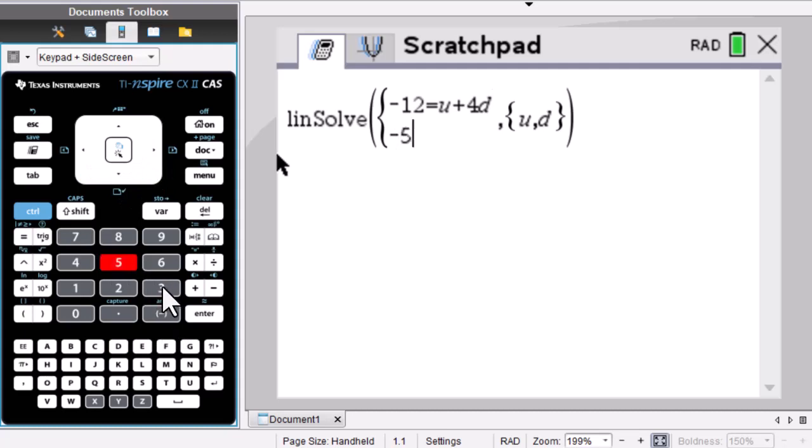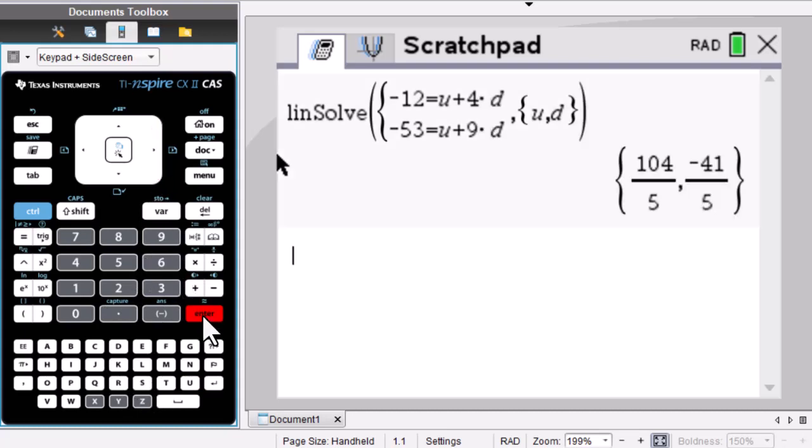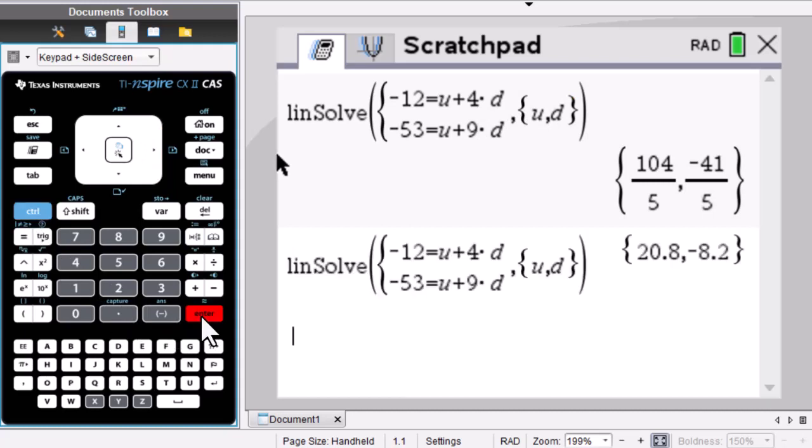Negative 53 equals u plus 9d. Then enter. Control enter to get decimals.